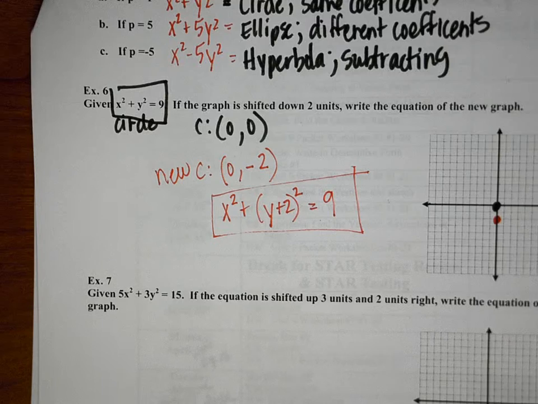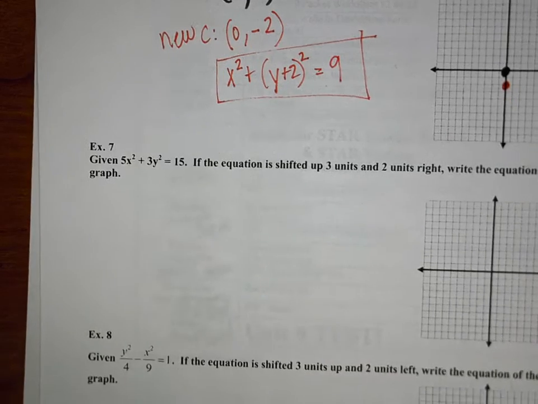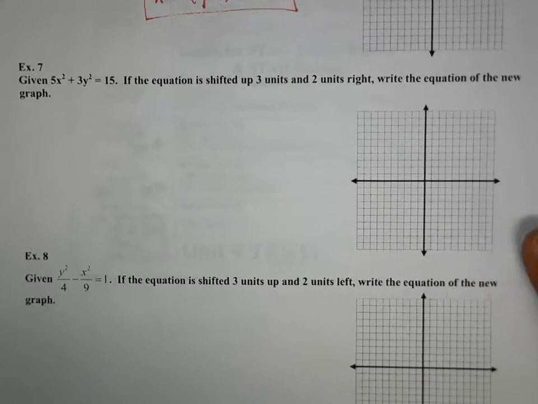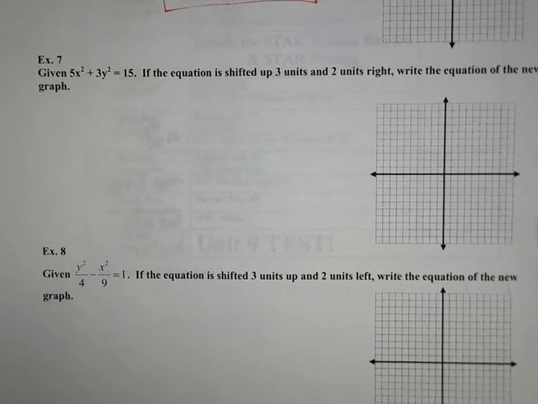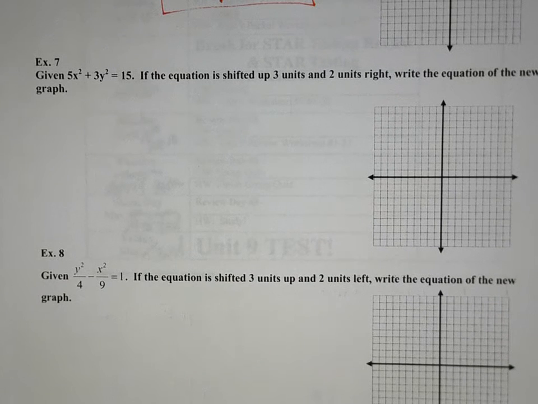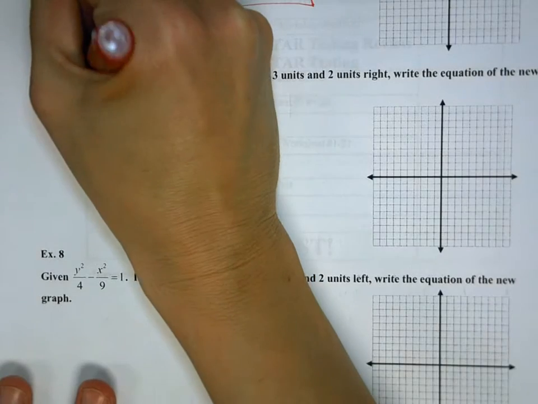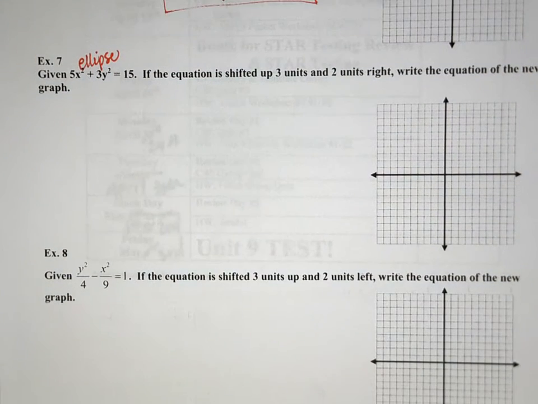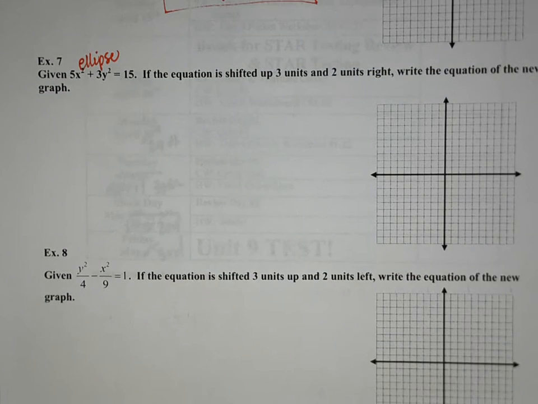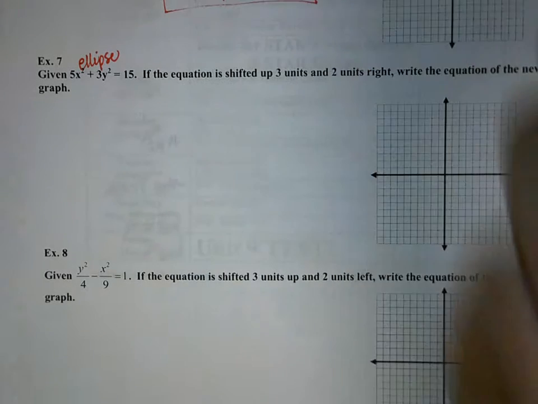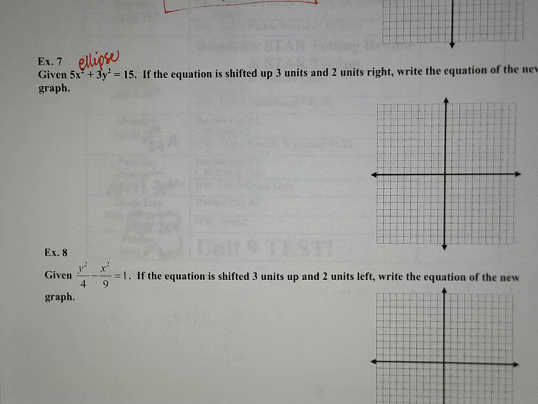Okay, moving on. Example 7. This one, hopefully you notice, is going to be what type of shape? Good, it's an ellipse. And we know it's an ellipse because why? Good, the coefficients in front are different. Normally with an ellipse you would divide everything by 15 because you want it to be equal to 1.